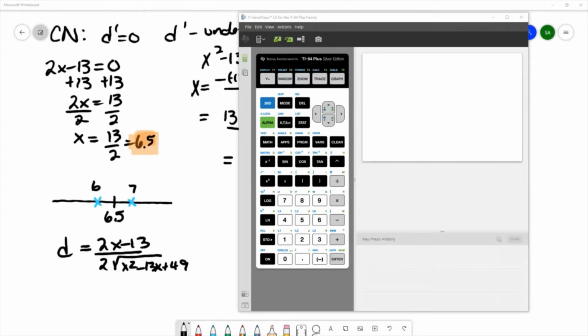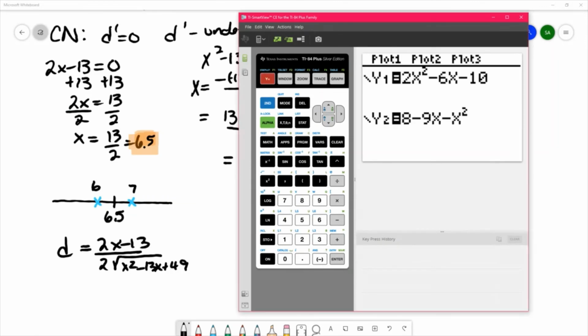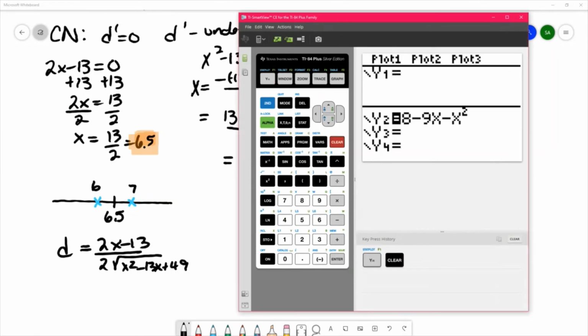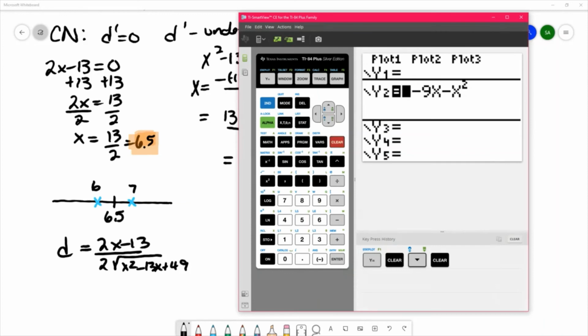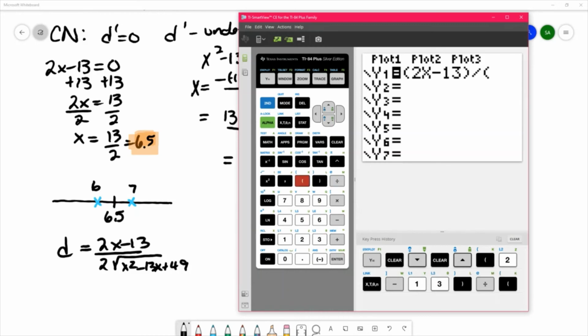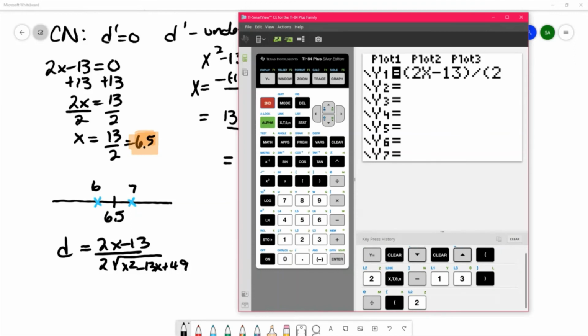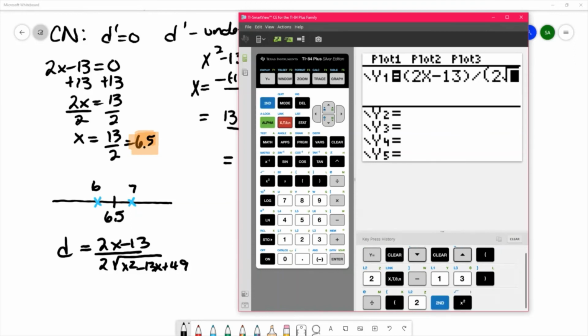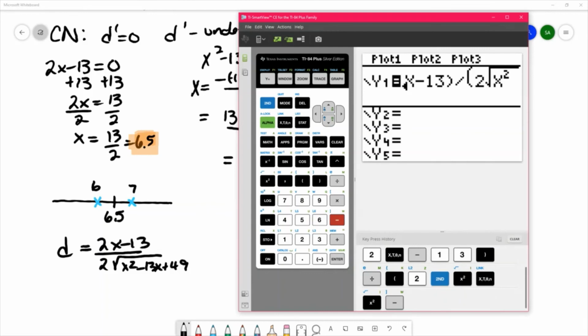Okay, so we have the calculator, and I'm going to type into the y equals menu the function 2x minus 13 over, and I need parentheses for the whole denominator, 2 times the square root of x squared minus 13x plus 49.